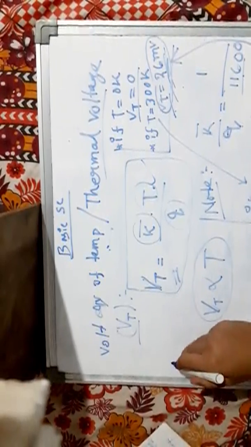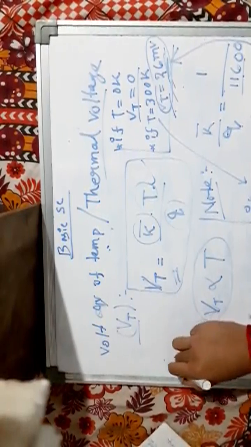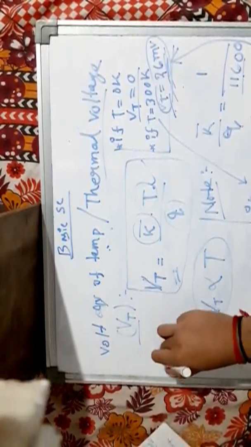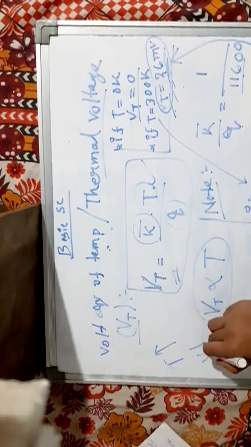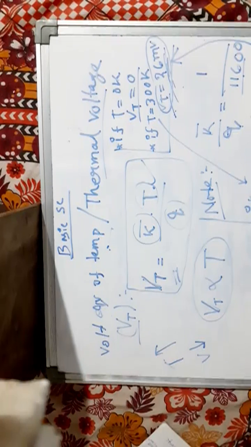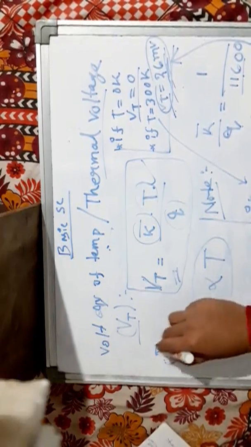Now, for a large variation in temperature, that is, if temperature is high, we get a different value; variation means it varies.